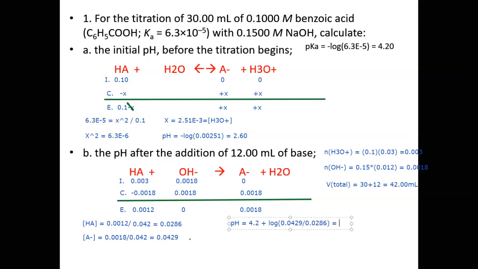And we're at 4.38 is the pH. And this is how you calculate the pH of a weak acid strong base titration in the buffer region.